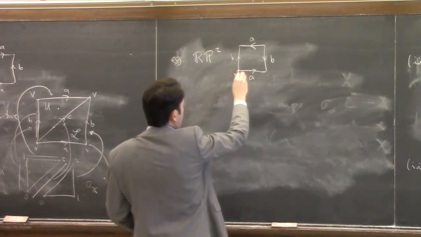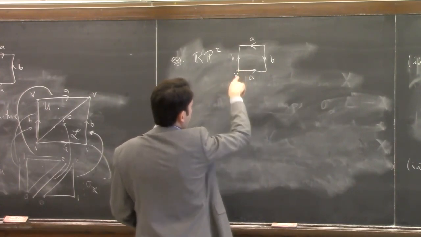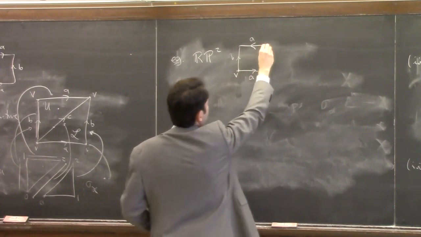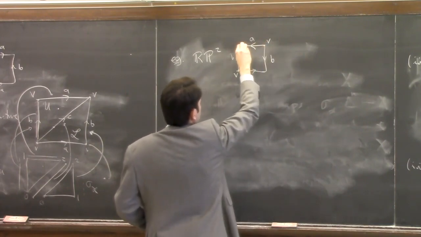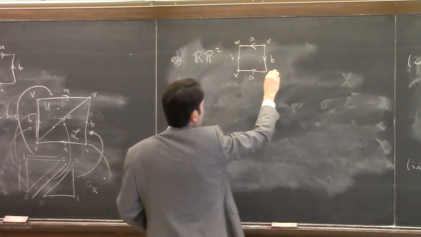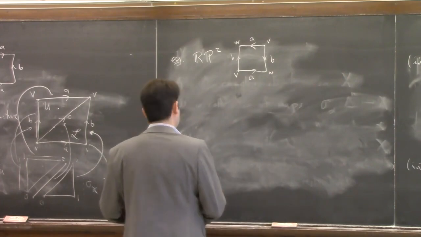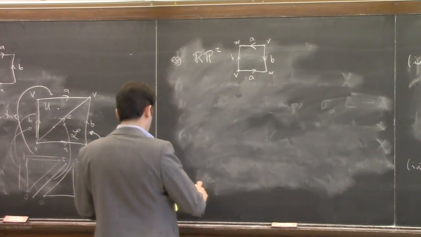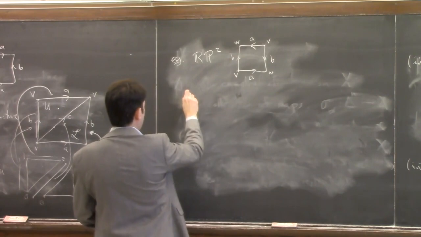Here we have two vertices, so A begins and B begins at the same vertex V, but they end at a different vertex W. So a delta complex structure.